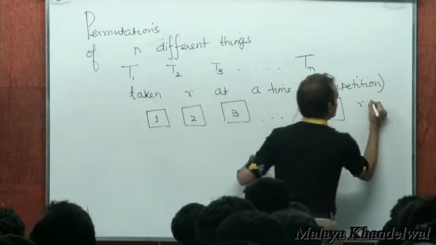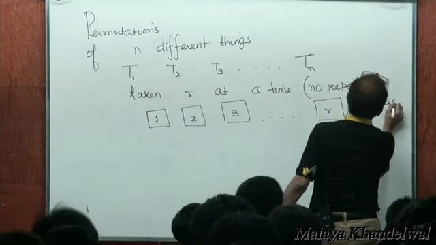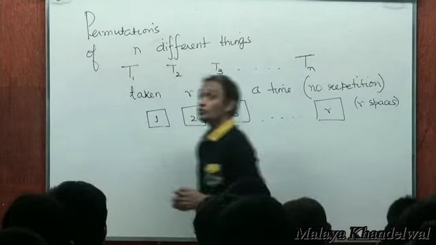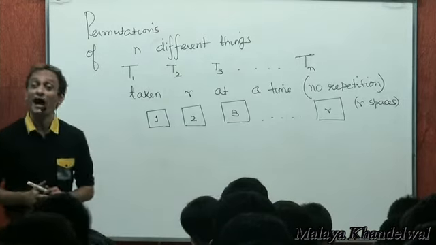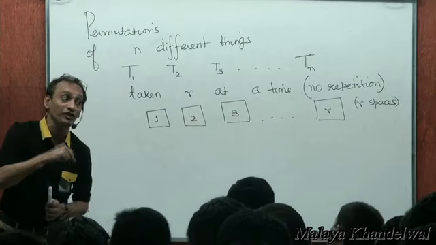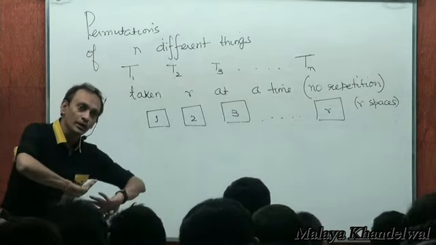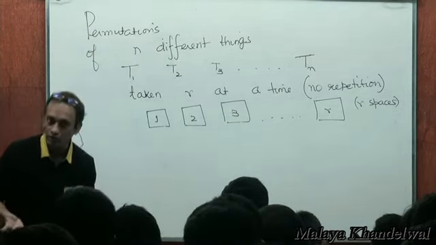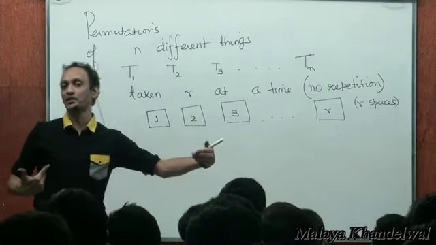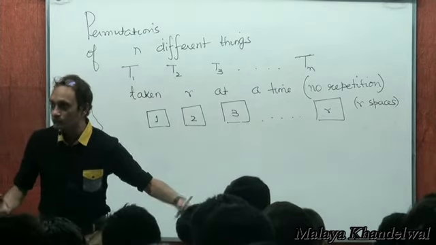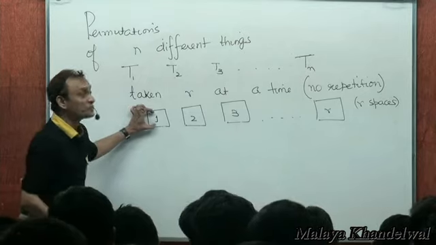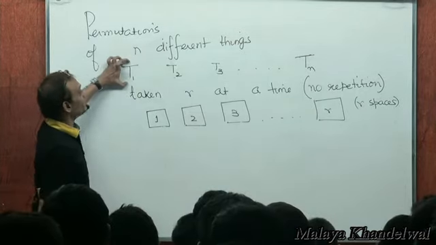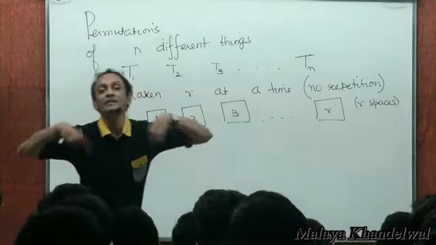These are r spaces to be filled up by r things from n available. Moment I fill up these spaces, there is a built-in order. It's a case of a march past then, right? Now, the first space could be filled up by any one of the n things in how many ways?